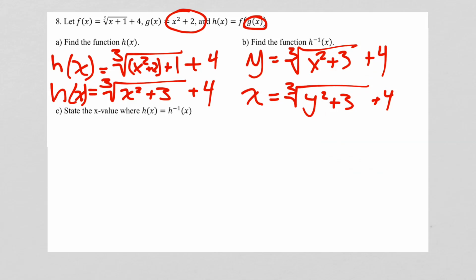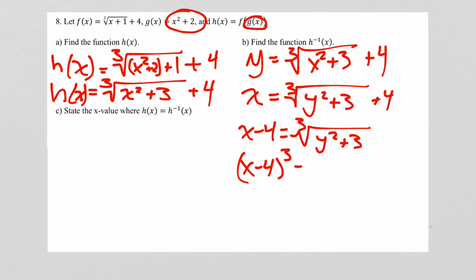So what do you have to do? Well, first you have to subtract 4. So we get x minus 4 equals the cube root of y squared plus 3. Well, we're trying to get y, so what do we need to do now? Now we need to cube things. So x minus 4 cubed equals y squared plus 3. We've almost got y, but we've got that pesky plus 3.